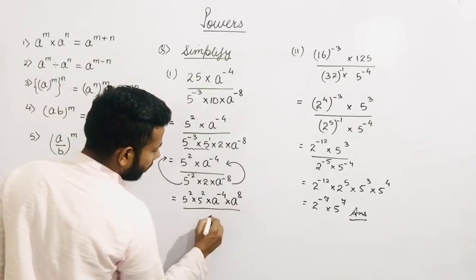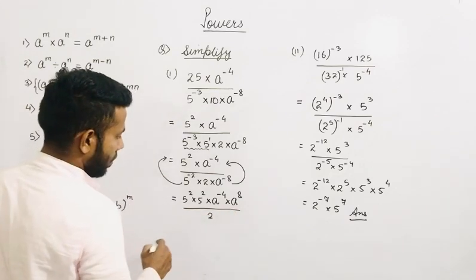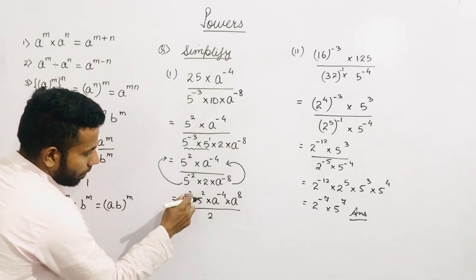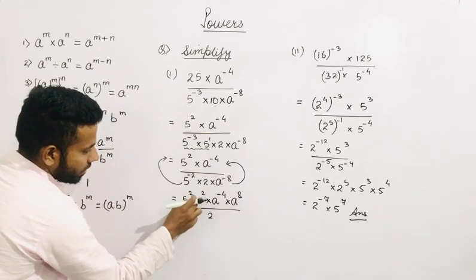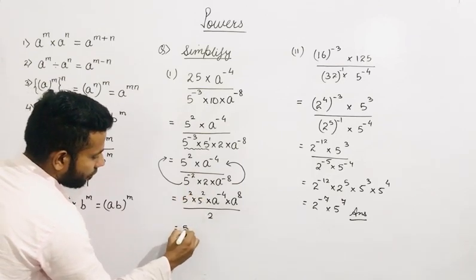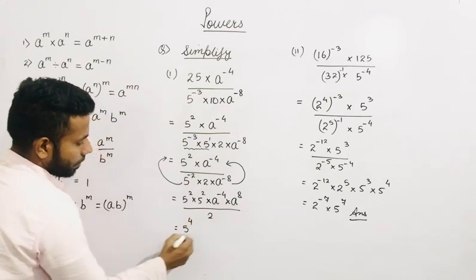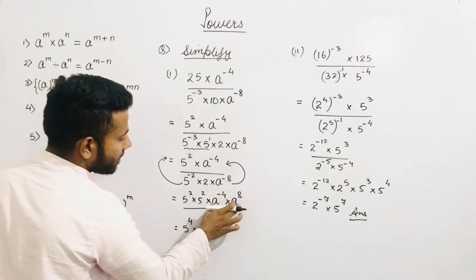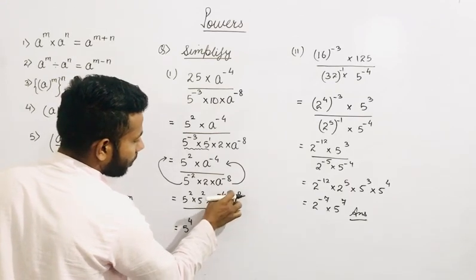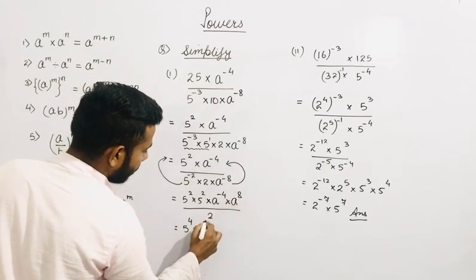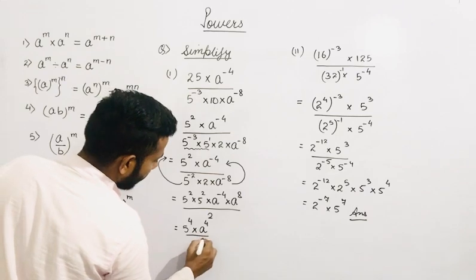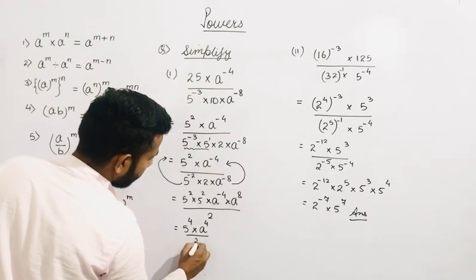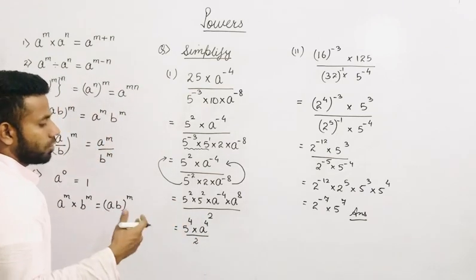And this 2 will remain here itself. 5 to the power 2 into 5 to the power 2, bases are same, powers get added. It becomes 5 to the power 4 into a to the power minus 4 into a to the power 8. Bases are same, the powers get added. Minus 4 plus 8, it becomes a to the power 4 by 2. This is how you solve it.